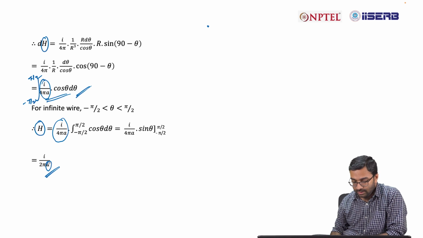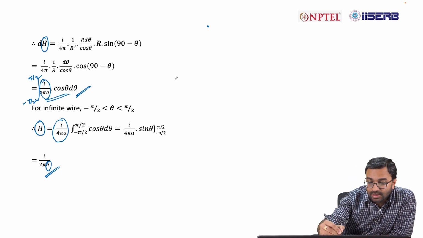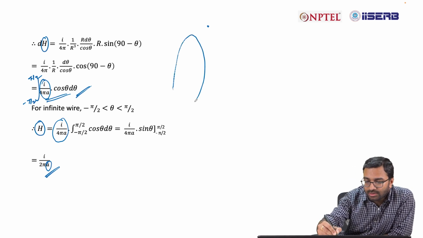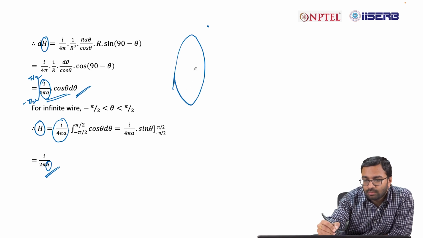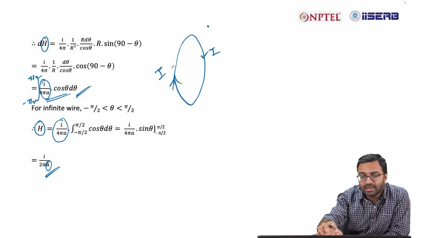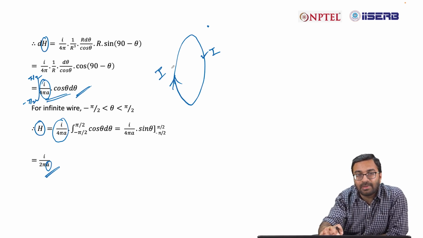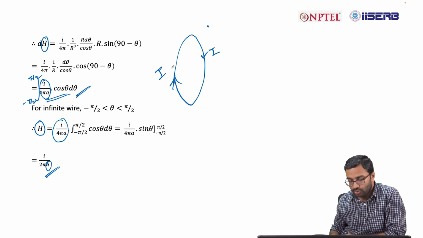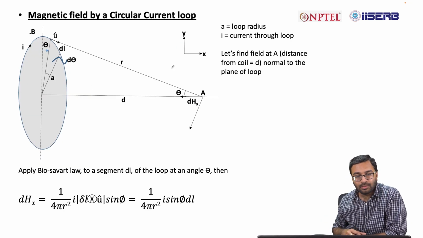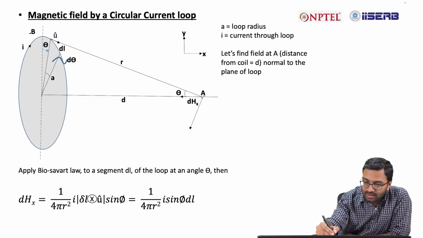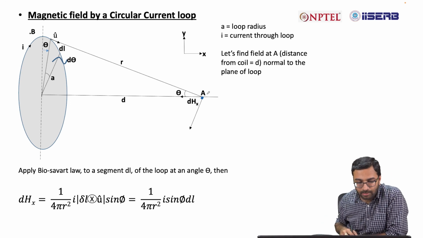Now, similarly, if you consider a current conducting wire which is creating a loop, this also will create a magnetic field, and we also should know what is the magnetic field in this case. So, in order to do that, say you have considered a point here where you want to detect the magnetic field.